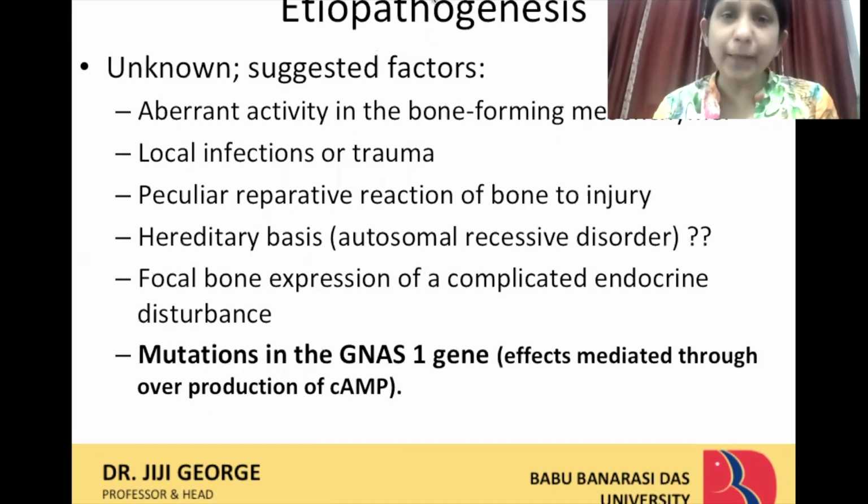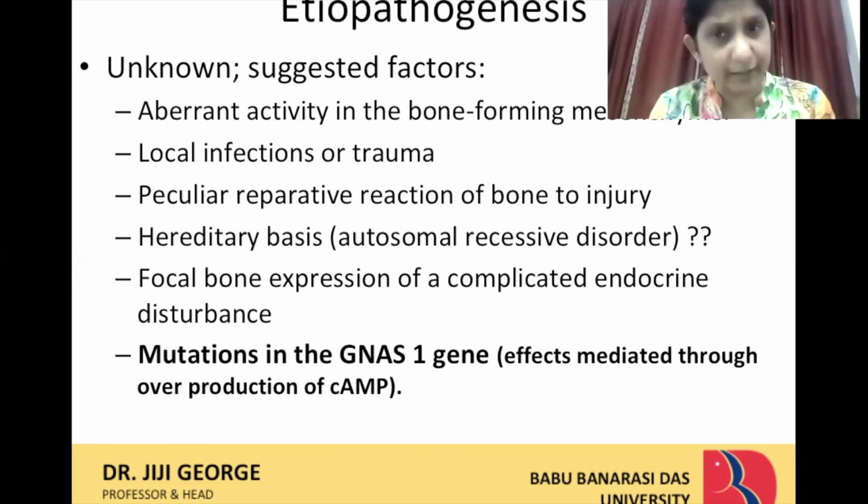So, etiopathogenesis: earlier, researchers really didn't know what the cause of fibrous dysplasia was, and a lot of reasons were listed by researchers. But now it is thought that mutations in the GNAS1 gene cause fibrous dysplasia. So now there's a genetic aspect for each disease.